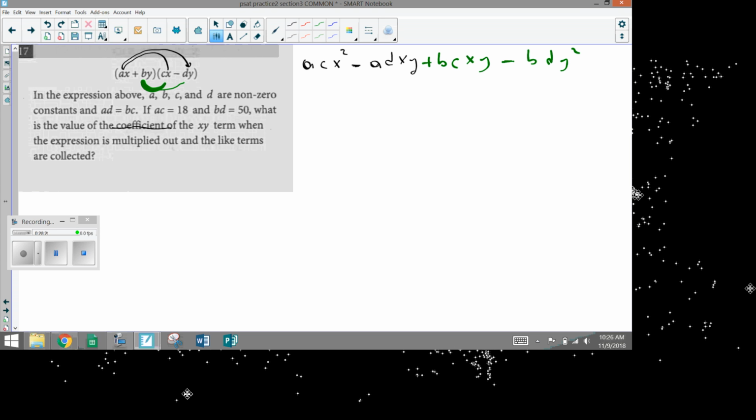Okay, now the question, circle the question. What is the value of the coefficient of the xy term? So where's xy? Since they are separated, I cannot tell. So I need to factor that out. Actually, I need to put them together, right? Factor out xy. So let me write that again.